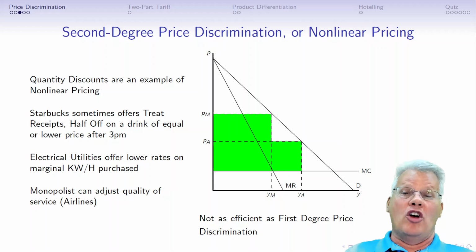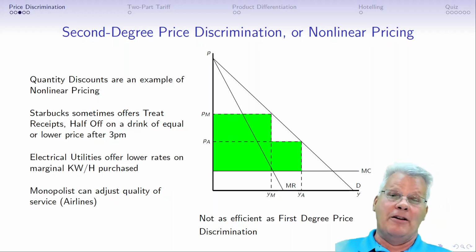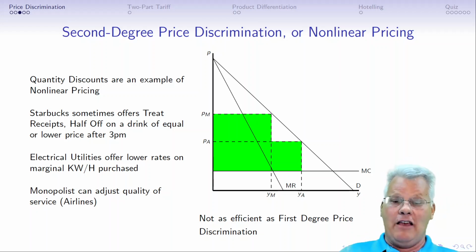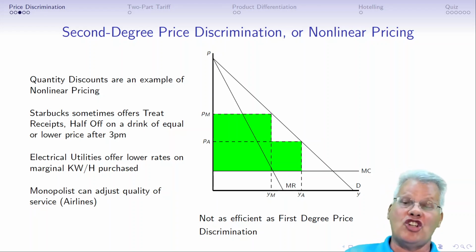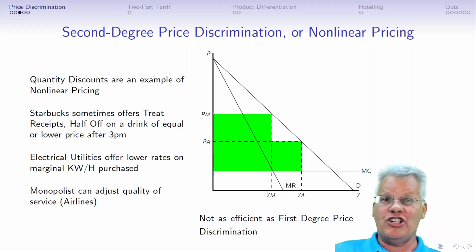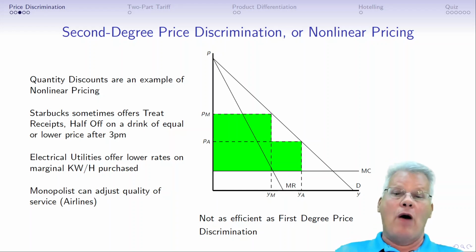Electrical utilities also do this. There are some pricing plans where, if you consume a certain number of kilowatt hours, additional kilowatt hours purchased are quoted at a lower per kilowatt hour rate.